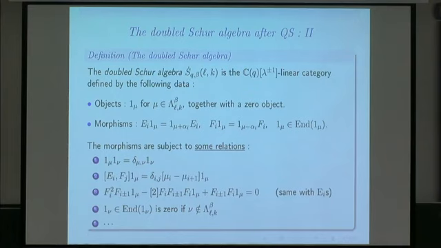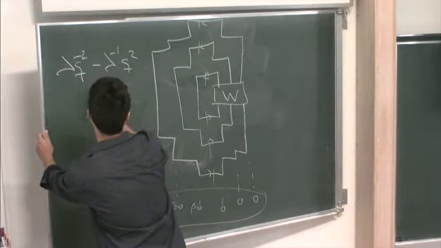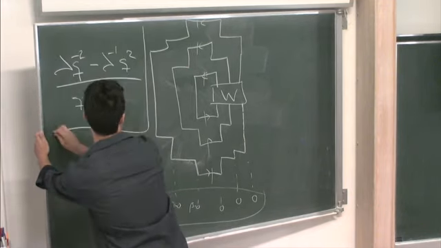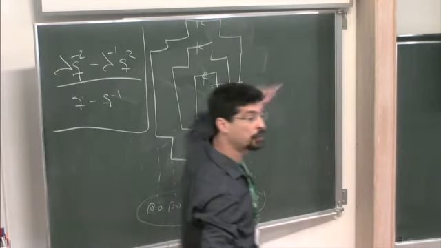So this guy is not integral. This is a rational function of the form, well, surprise, surprise, for example, lambda q minus 2 minus lambda minus 1 q2 over q minus 1, where lambda is q to the beta.